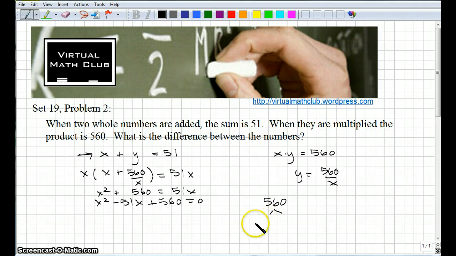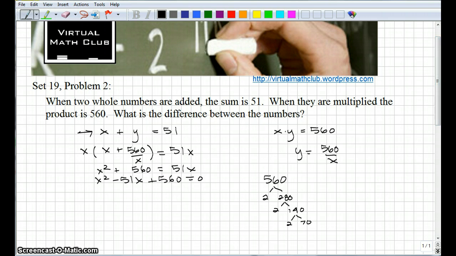So I'm just going to start by coming up with a prime factorization. So 560 is equal to what? 2 times 280. That can be factored into 2 times 140, and this can be factored into 2 times 70, and this can be factored into 2 times 35, right?